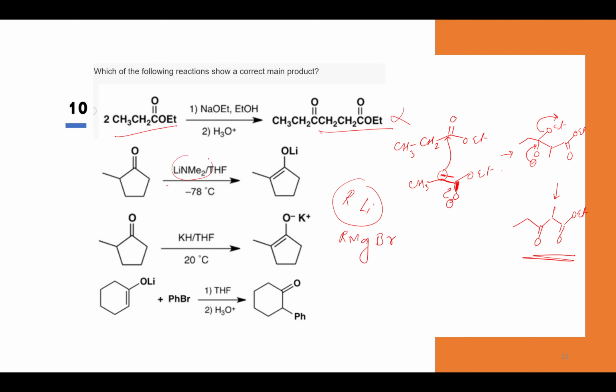So if we have RLi or we have LiNMe2, both are the same. It will attack on the carbonyl center and form a product like OLi here and NMe2 this way. So this is the product we will get by this reaction, not this one. So this is again an incorrect option. It will not abstract the proton, it will act as a nucleophile.